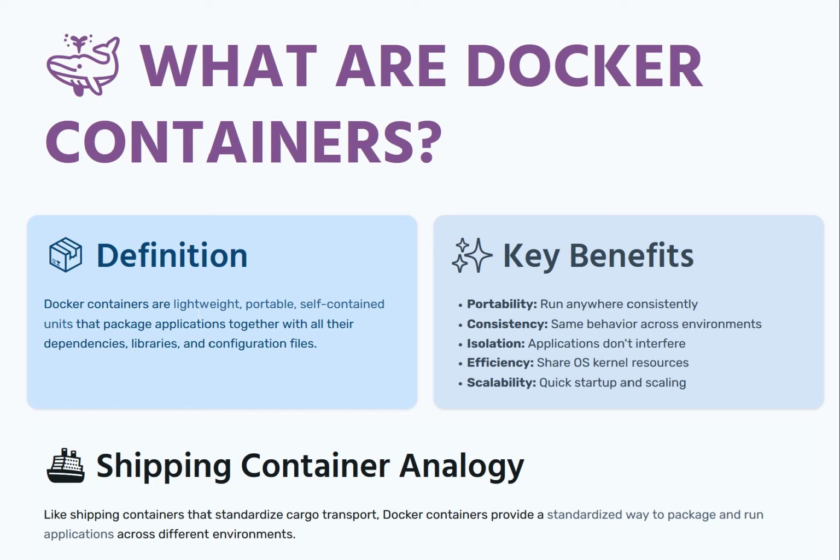And then scalability. Scalability is quick startup and scaling. It takes only seconds when you're restarting a container, but if you restart a virtual machine, it takes a minute. And then scaling. In the EKS dashboard, if you have 5 containers, you can see each container's health. If one of them is not healthy, it will restart without interfering with the service, because all the other four containers are still running the service.